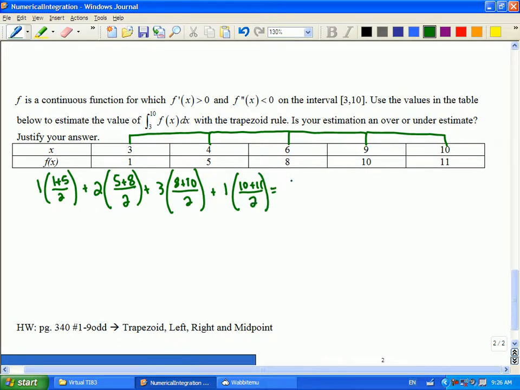Okay, so I have 3 plus 13 plus, let's see here, 9 times 3 is 27. Well, that's not very convenient. It would have been nice if I didn't have any fractions in there, but that's the best I can do.